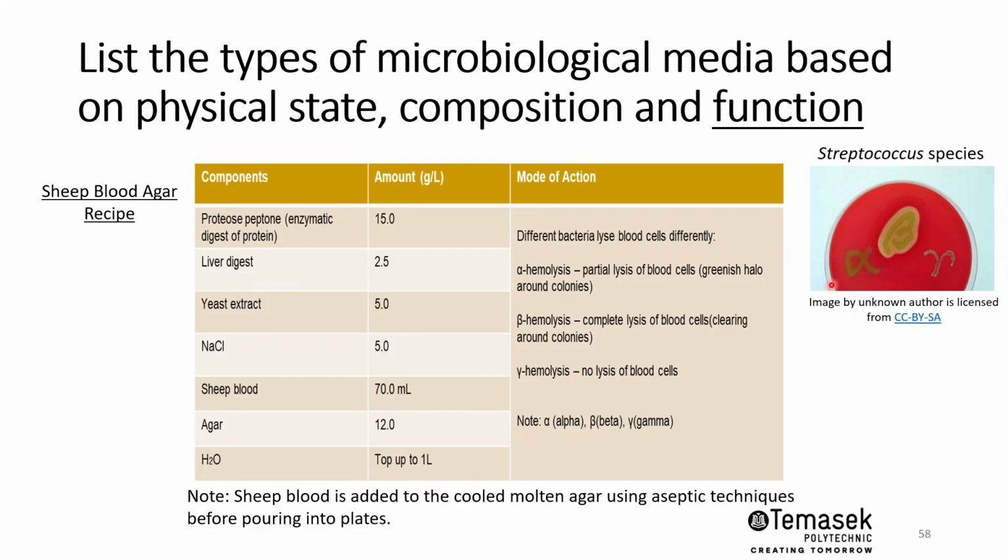So in contrast, if you have streptococcus that are beta hemolysin, they have a complete lysis of red blood cells, so hence you can see that there's clearing around all the colonies here. Whereas in contrast, bacteria which have no hemolysin enzyme are termed as gamma hemolysis. There is no lysis of red blood cells, those that are seen here on the right hand side.